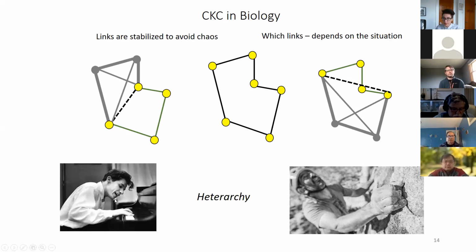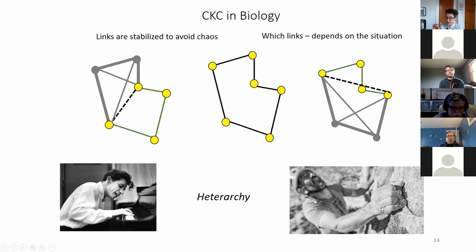So when Glenn Gould is playing piano, his shoulder is stabilized and the fingers can exert very agile and precise movement. And when this gentleman is climbing on the face of a rock, he does exactly the opposite.